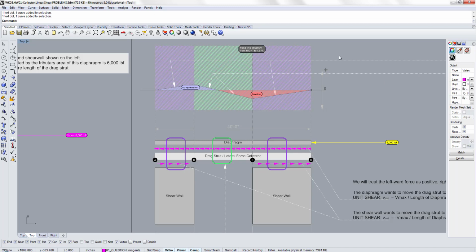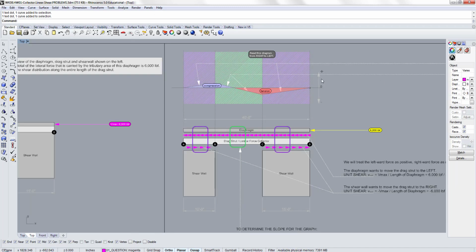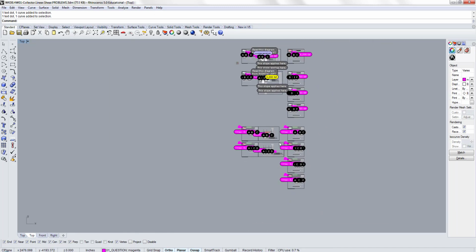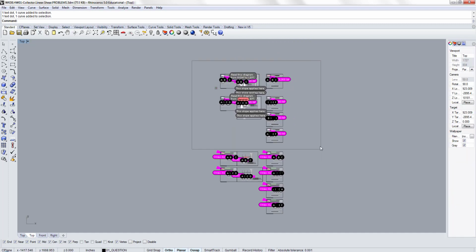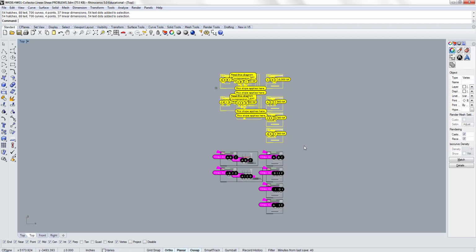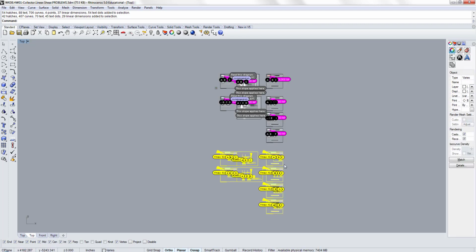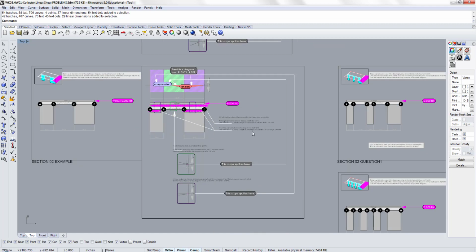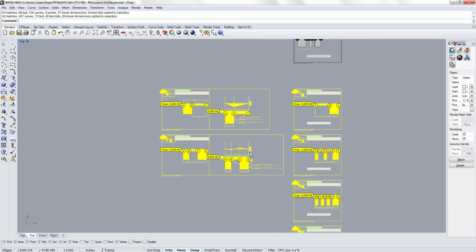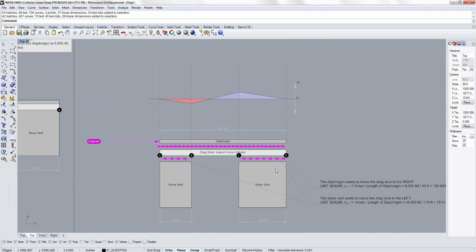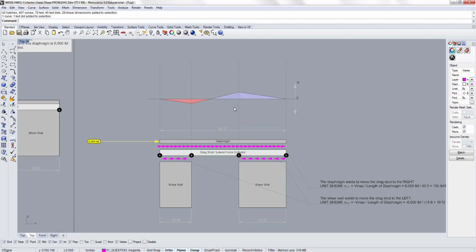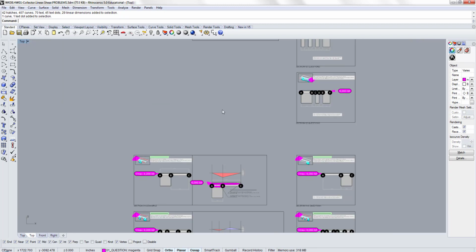Yeah? Okay. So there are two parts to this. There are all these 4 problems up top, and in the lower half you have almost the exact same problem, with the same shear wall configuration, but where the force is pushing from the exact opposite direction, just to illustrate that point.